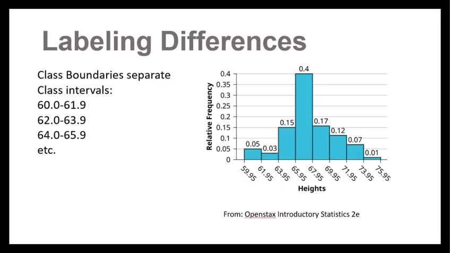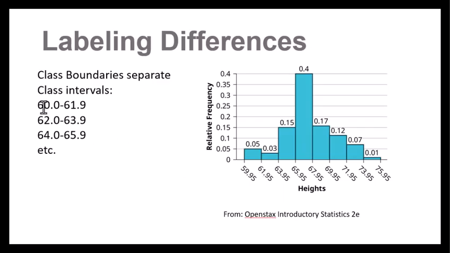Something that is different about this particular graph, other than relative frequency, is how they're labeling the different classes. This graph is using what are called class boundaries. So 59.95, 61.95, 63.95, these numbers that are labeled along the x-axis, represent numbers that fall right in between each class interval. So in between the first two classes is 61.95.